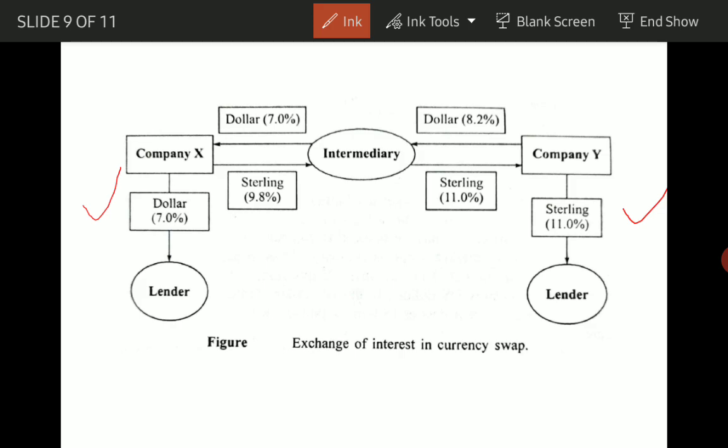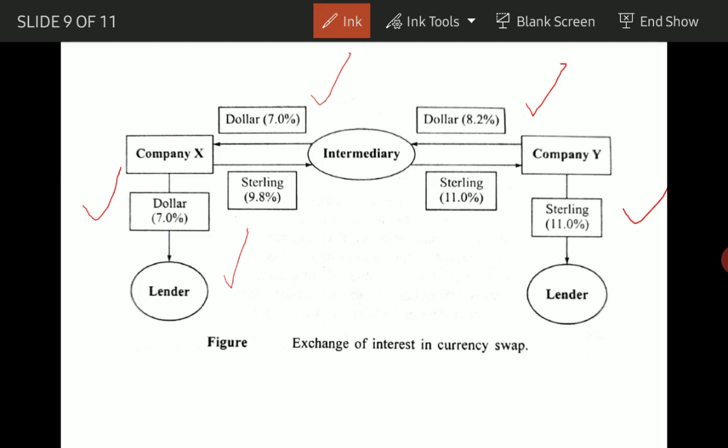Now how this is going to work, let us see. Company Y will pay the dollar loan at the rate of 8.2% to the intermediary, and from that 8.2% the intermediary will pay some percent to company X, which it will be giving to its lender. Now company X has to fulfill the responsibility of paying the interest on company Y's loan to company Y's lender.